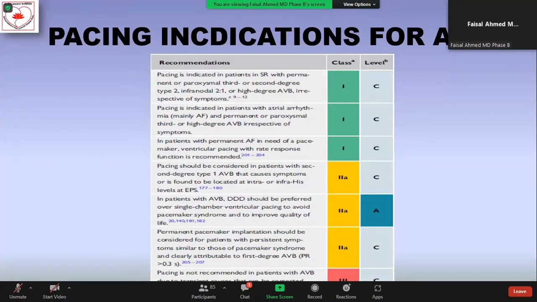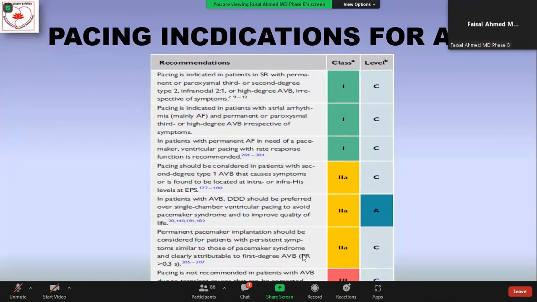In patients with AF with slow ventricular rate and permanent or paroxysmal AV block, pacing with rate response function is recommended. In case of symptomatic second degree type 1 AV block, pacing is indicated, especially if EP suggests the level is at or beyond the bundle of His.